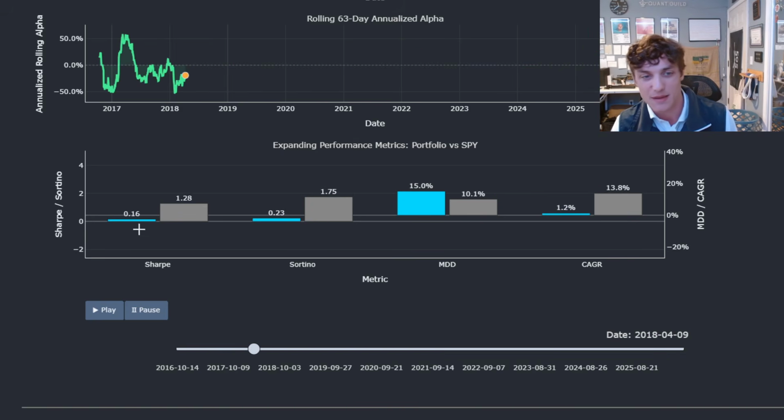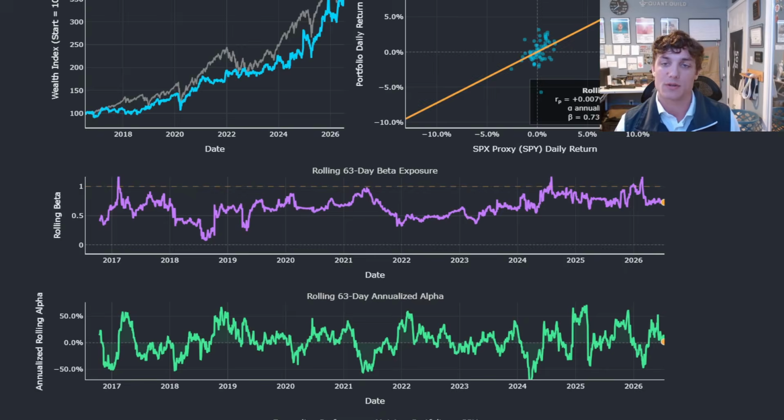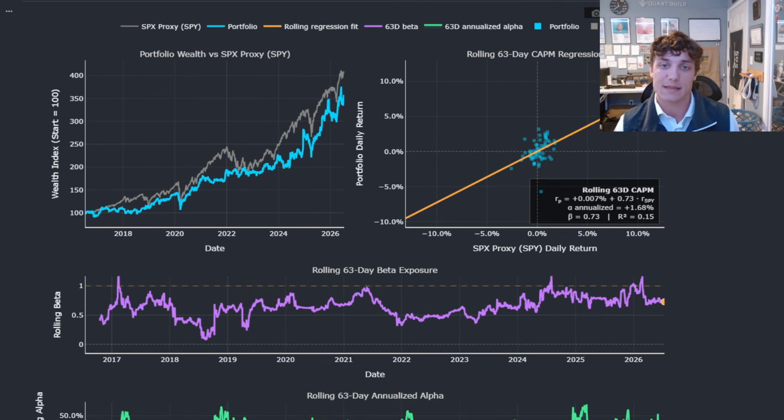It goes from roughly 0 Sharpe and Sortino to maybe closer to 1.2 Sortino and barely a 0.8 Sharpe. So you'll be able to analyze your portfolio relative to the benchmark over the last 10 years. And if you make any updates to your portfolio, you'll be able to just rerun that script, or of course, just generate a new return CSV and plug it right into this cell.